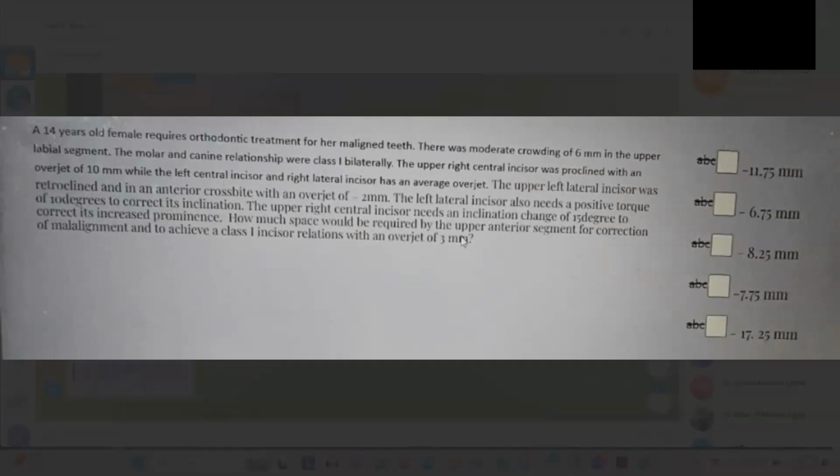Yes, this is a single tooth, so 0.5 millimeter space is required. Previously we had 3.5 and then 2.5, and now minus 0.5, so it again becomes minus 1.5. Is it right?